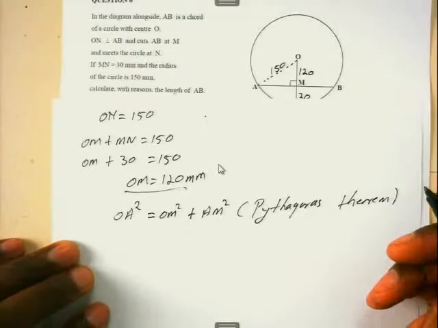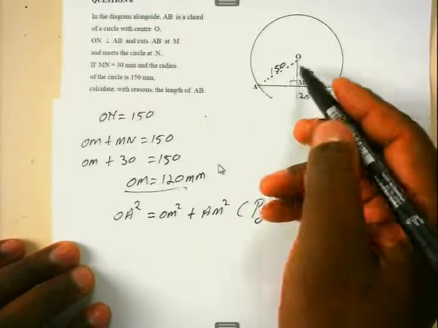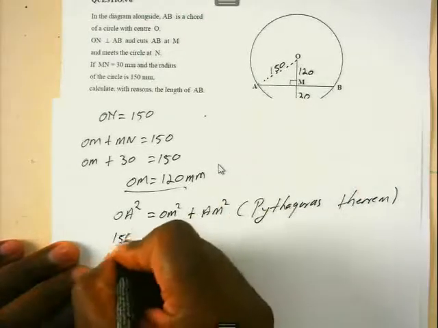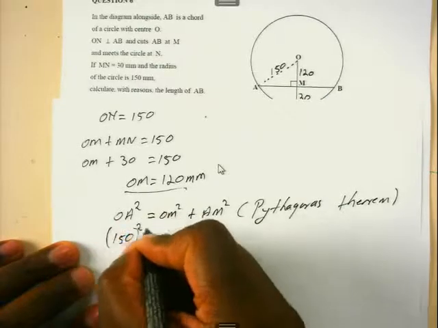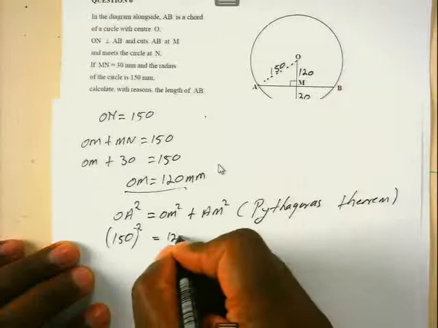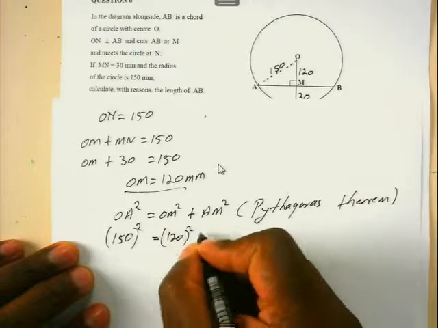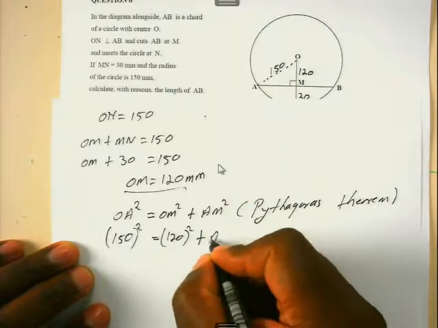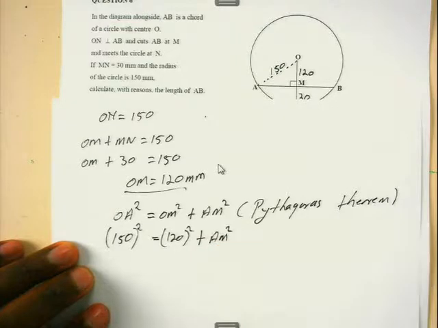Now let's substitute. OA is 150, you square it. OM is 120, you square it. AM is our unknown. We want to determine the length of AM.